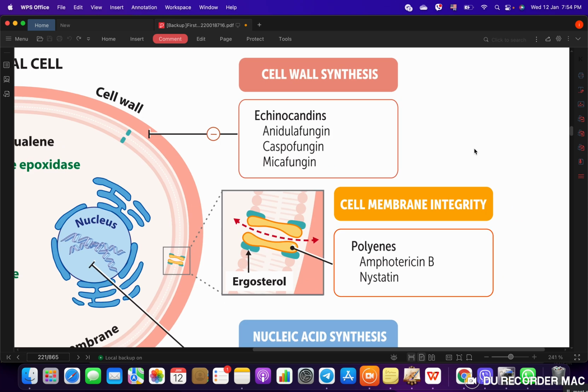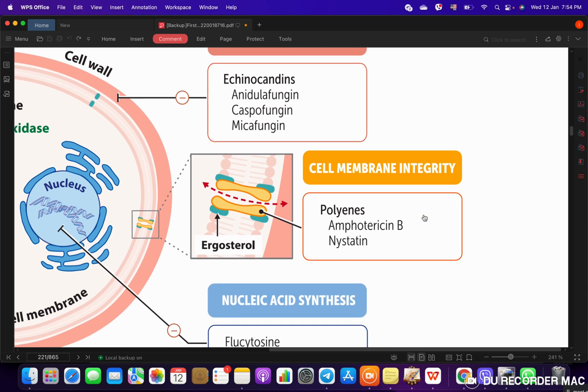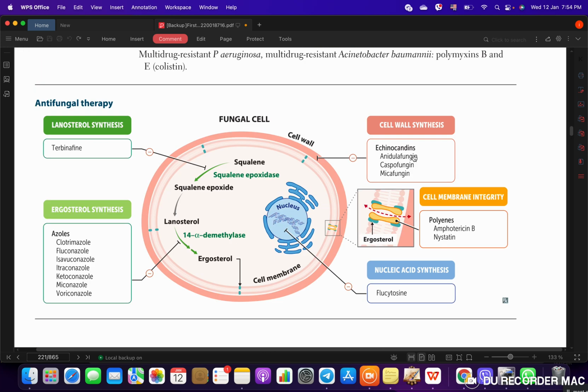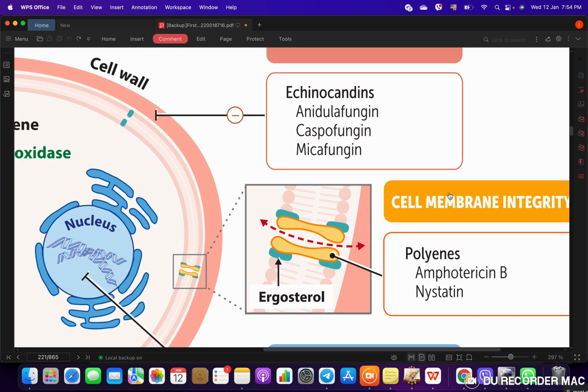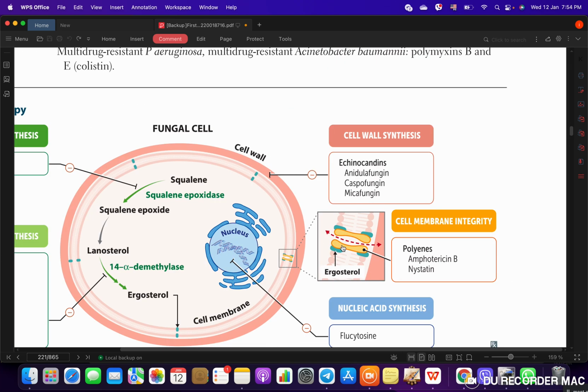Also, we have the echinocandins, the fungins, which work at the cell wall. And next will be the cell membrane, which is the polyenes, which act on the channels themselves.